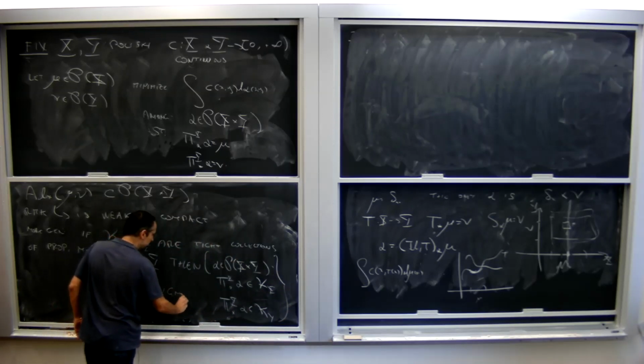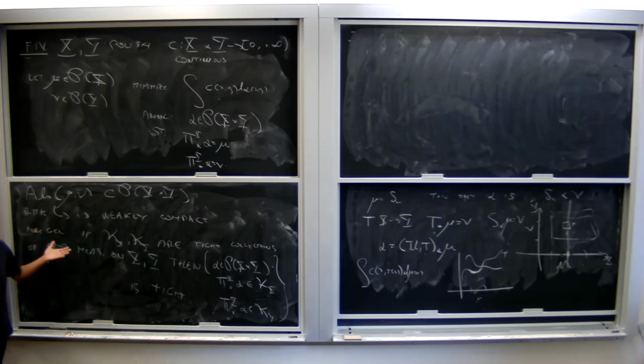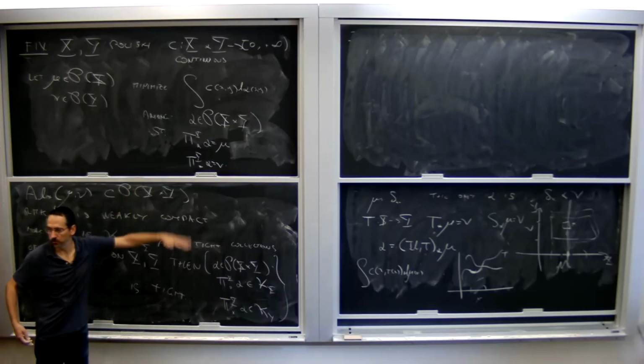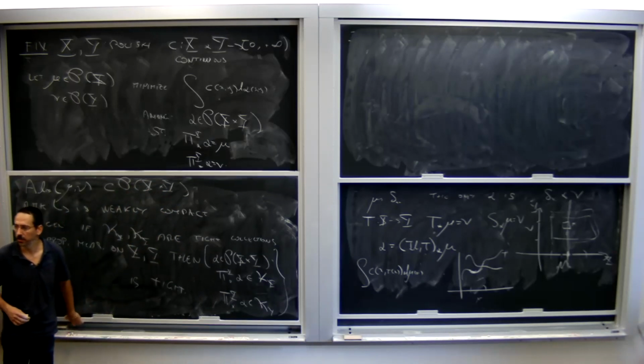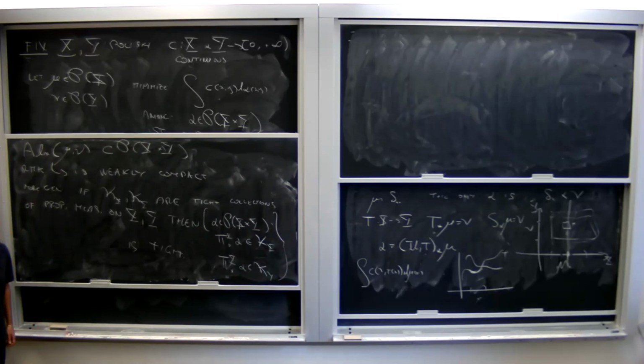So tightness in some sense works well under product. So I have a tight family of measures on X, a tight family of measures on Y, and I look at all the probability measures on the product whose first marginal is in the first collection, and the second marginal is in the second collection. This is tight. And the proof is trivial because I have to prove tightness, so I have to find a compact set on which most of these measures are almost all concentrated.